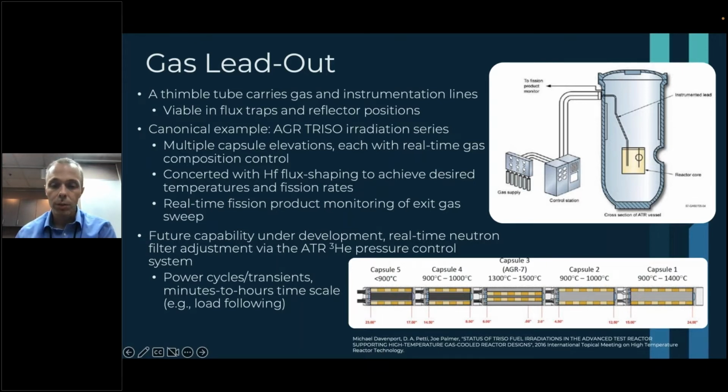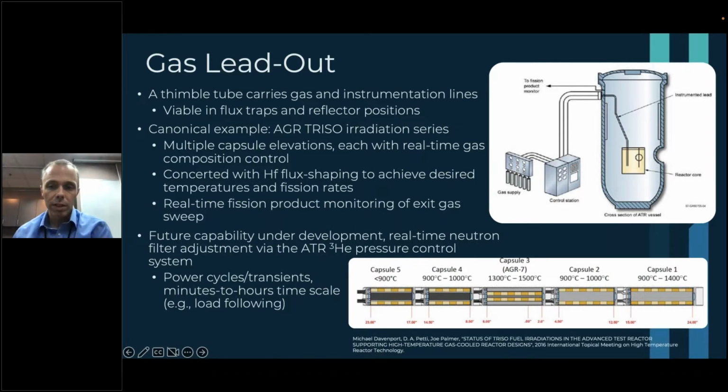These are really pretty elegant, well-designed irradiation tests, and numerous temperature instruments, and sometimes even flux sensors read in real time, and the ability to adjust the gas composition in real time.